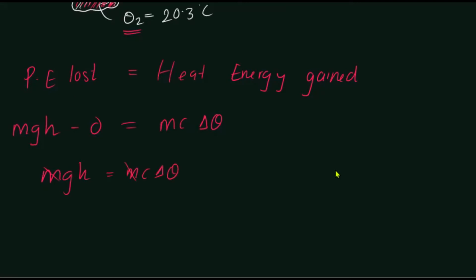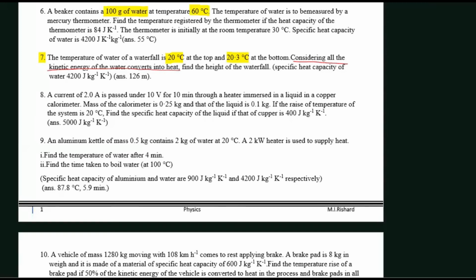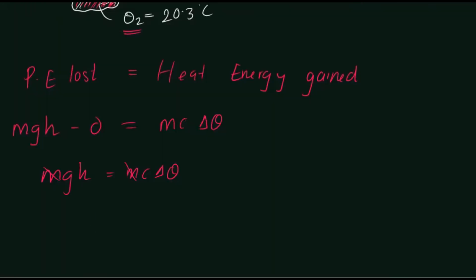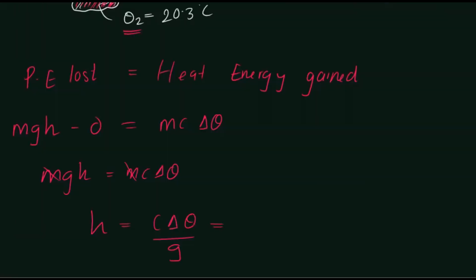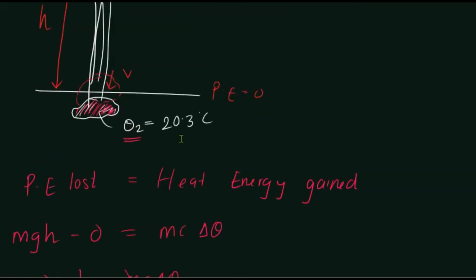So what they are asking us to find is the height of this thing, right? So h is equal to c delta T over g. C is given to be 4,200 joules per Kelvin, and the temperature rise is what? 0.3 degrees Celsius, right? 20.3 minus 20 degrees Celsius.